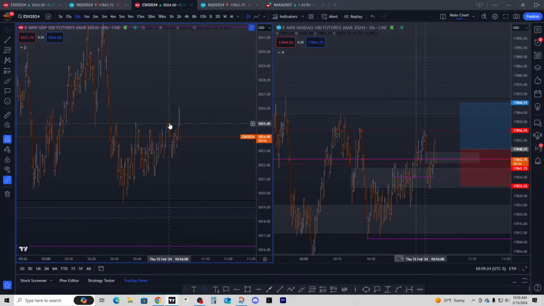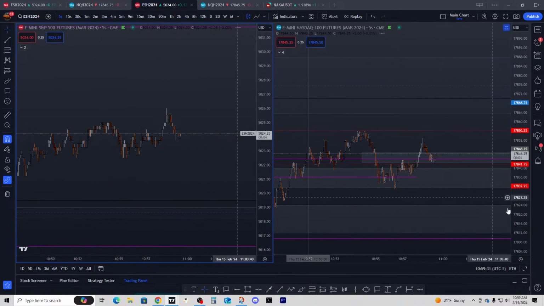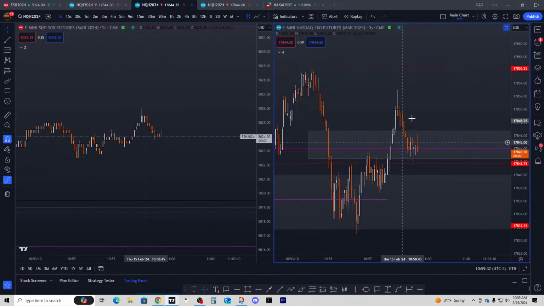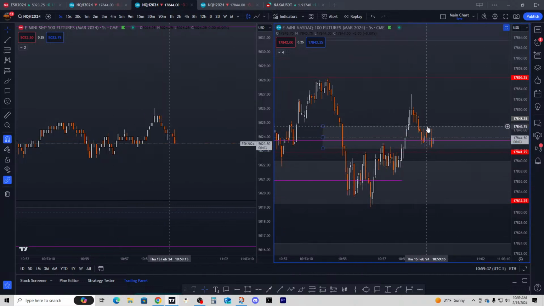Notice how we just took out those equal highs here. We made a lower high here. Equal highs up there. Let's see what keeps playing out here, you know? We could keep selling off.